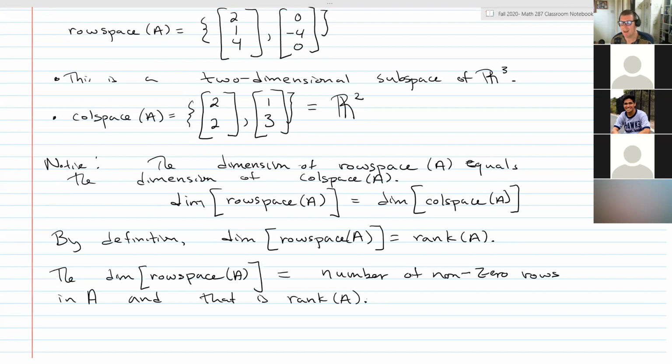Basically, those two numbers should be the same. Row space of A is the non-zero rows in the REF of A. The rank of A is the number of non-zero rows in the REF of A. Okay, there it is.